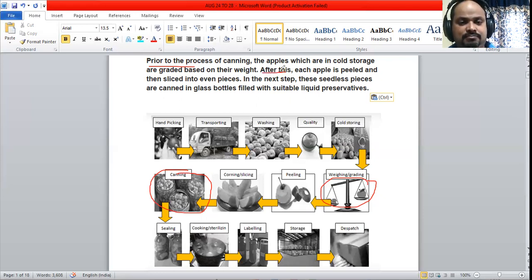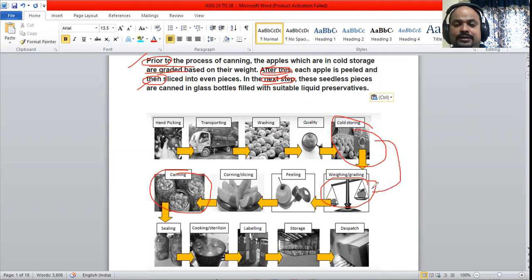After this, sequential word number 1, sequential word number 2. After this, each apple is peeled and then sliced into pieces. In the next step, all these things are sequences. Now, prior to the process of canning, apples which are in the cold storage are graded, passive voice, based on their weight.